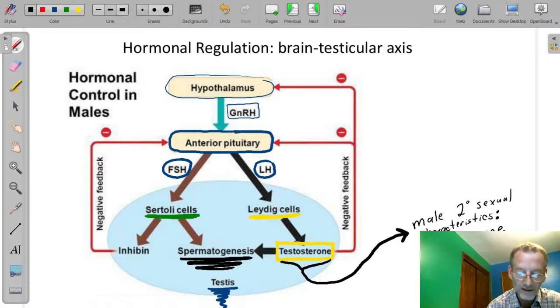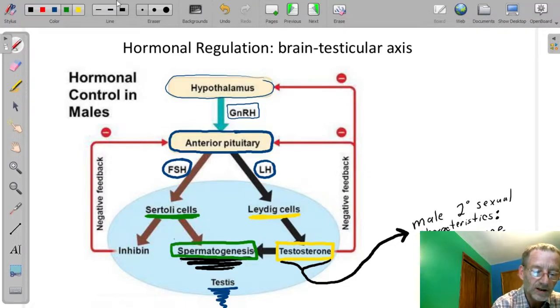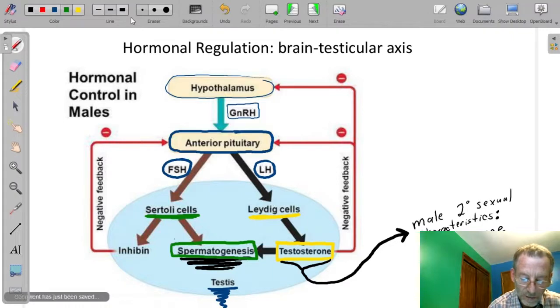The Sertoli cells are stimulated by follicle stimulating hormone, and it's the Sertoli cells, remember, that are involved with spermatogenesis. The Sertoli cells produce various different proteins.